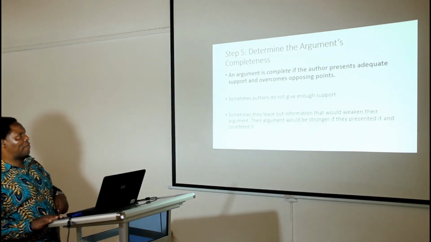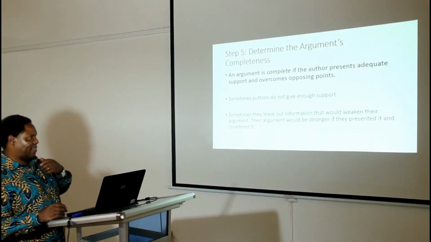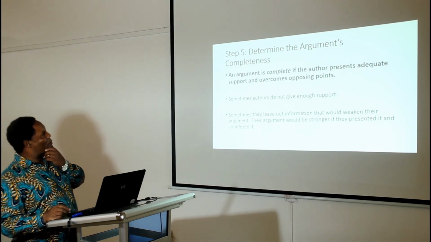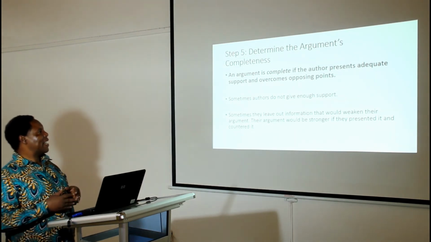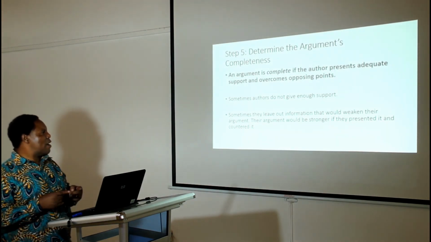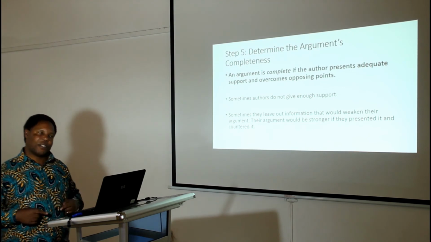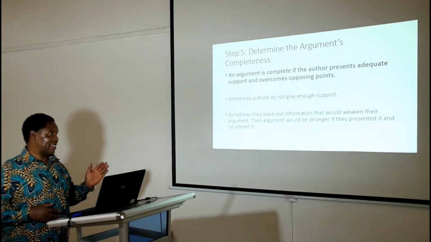Step number 5, determine the argument's completeness. Why completeness? An argument is complete if the author presents adequate support and overcomes opposing points. So these also are very important.